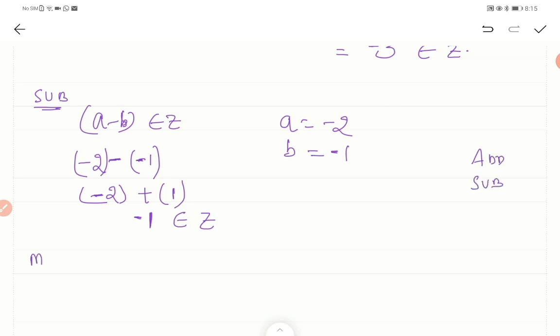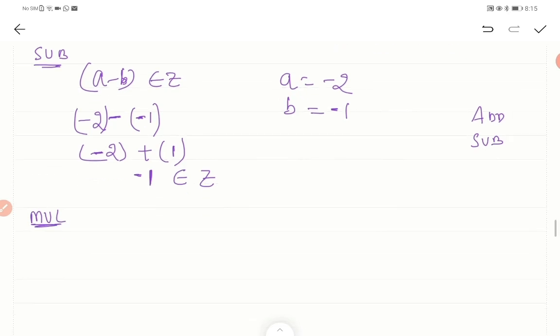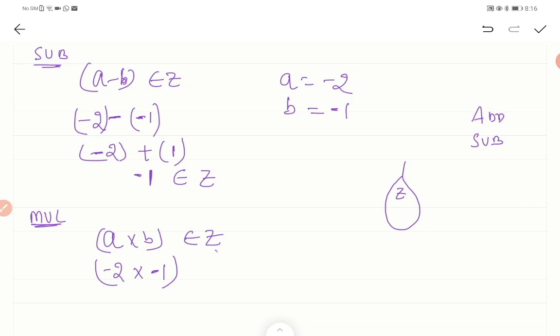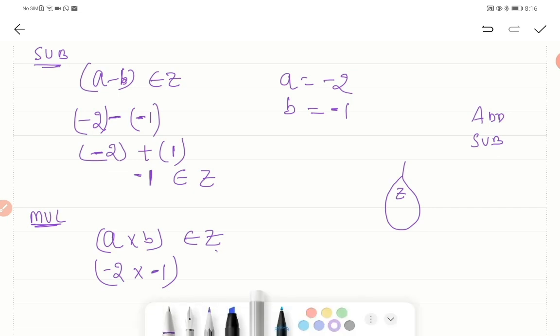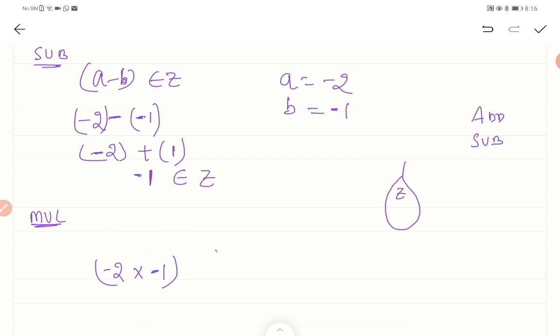Now let's check for multiplication. If you have a and b the same, a multiplied by b should belong to Z, that is, it should be closed in integers. Actually, you haven't studied multiplication of integers, so this will not be in your syllabus.